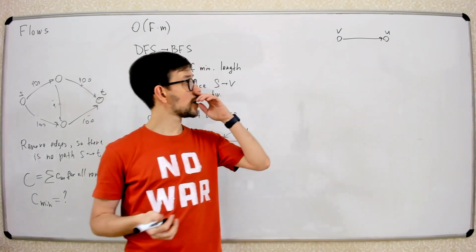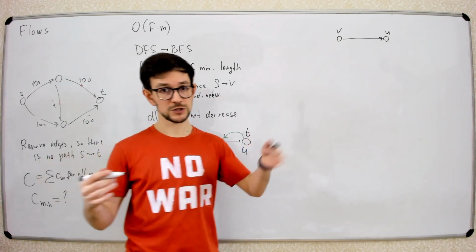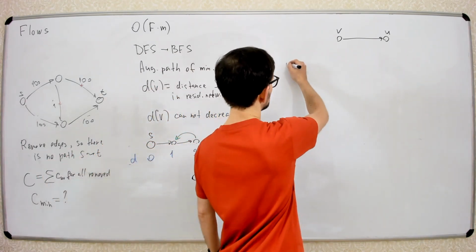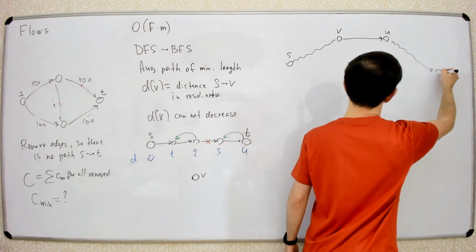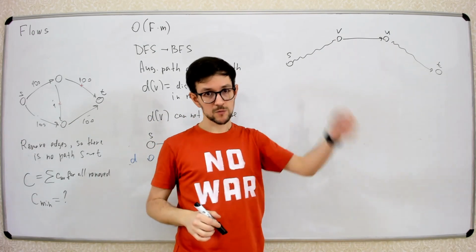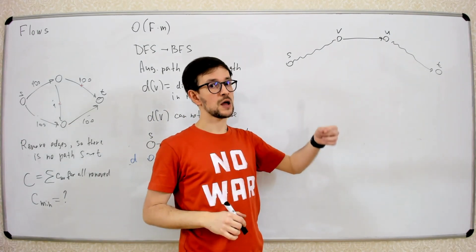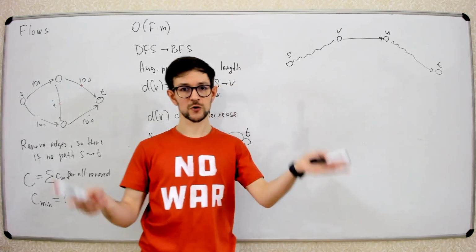When this edge is removed from the residual network, there is a path from S to T containing this edge. So at some point we find a path like this. This edge is the minimum on this path, so it will be removed. So this is how we remove edges from the residual network.